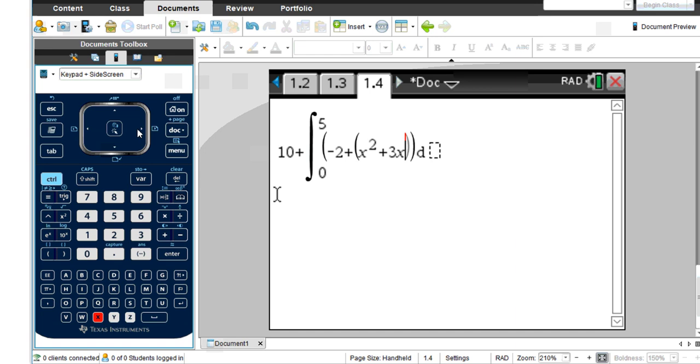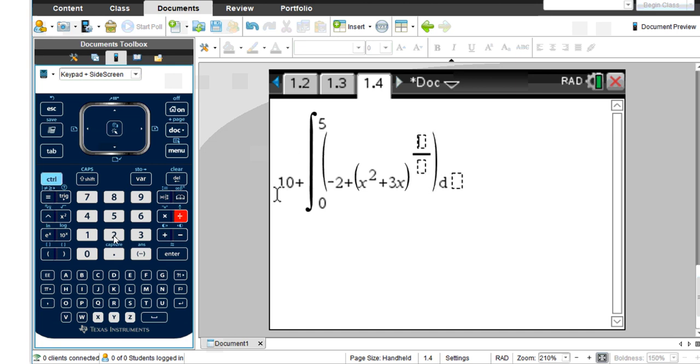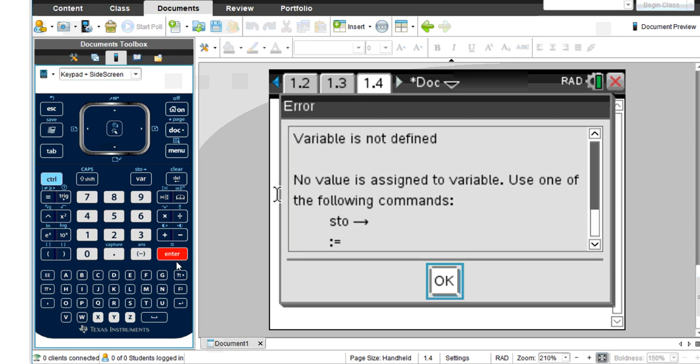So we have 3t to the power of 6/5. And over here, we have minus t cubed and we have dx finally. And we enter, no, variable is not defined, okay.